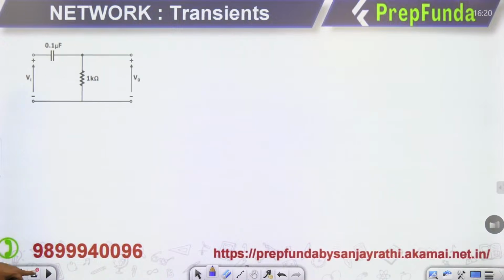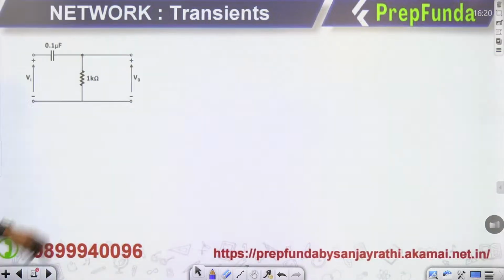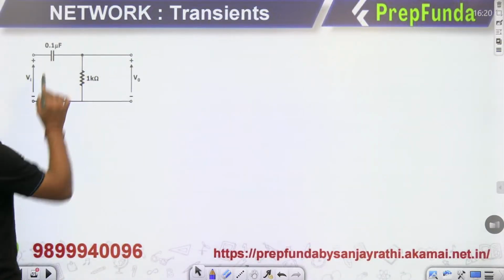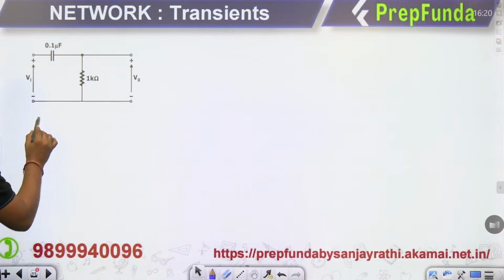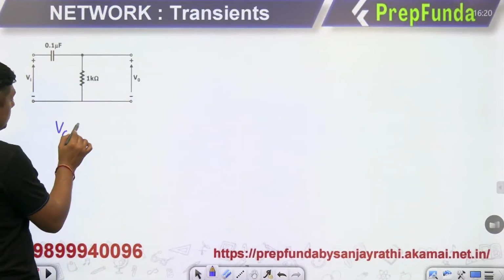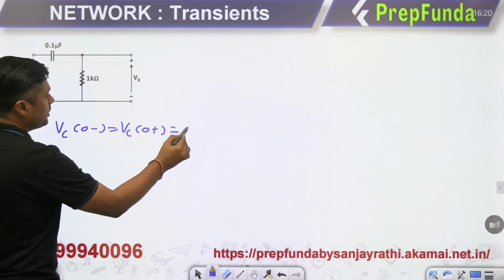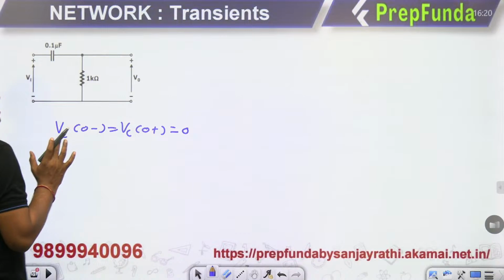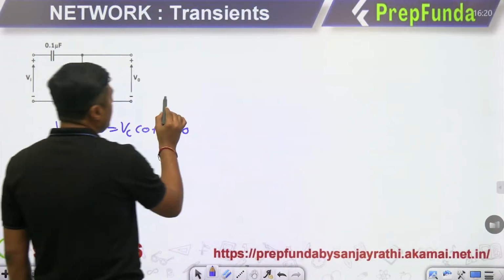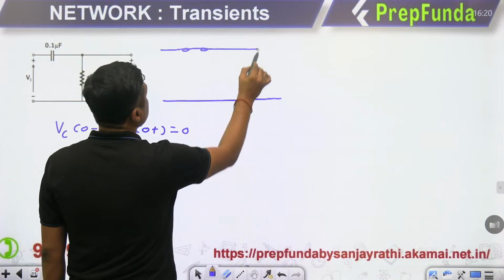Remember guys, a capacitor does not allow sudden change of voltage, and we have to calculate the voltage across the resistor, not across the capacitor. Since VC(0-) is equal to VC(0+) is equal to 0, the initial voltage across the capacitor is 0, and that's why initially the capacitor acts as a short circuit.